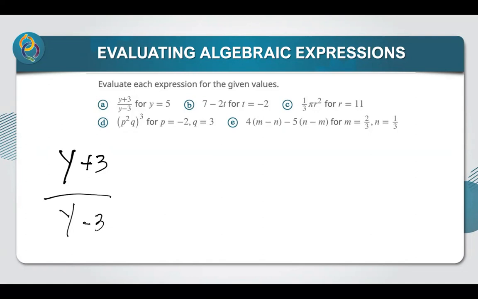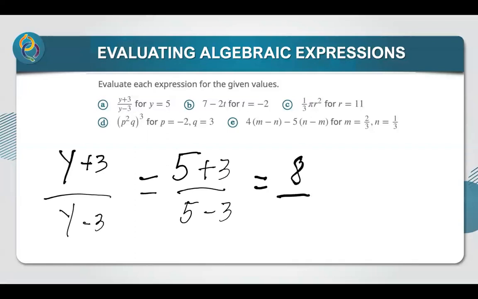If y is equal to 5, this means we just have to substitute y. Instead of y, we put a 5. So that's just a simple algebraic evaluation. 5 plus 3 over 5 minus 3. 5 plus 3 is, of course, 8, and 5 minus 3 is 2. And 8 divided by 2. So that's evaluating the expression for the given values.